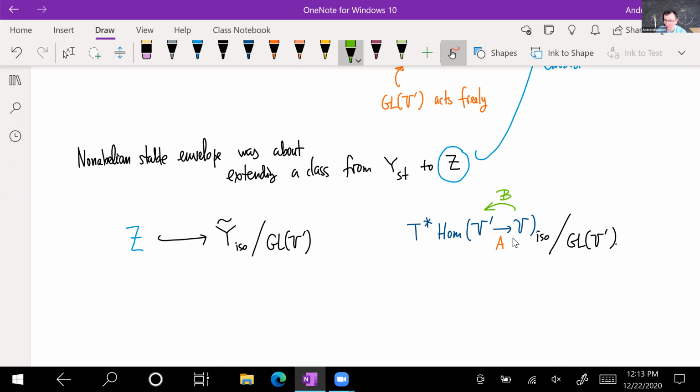If this map is an isomorphism, it's already a free action, and so the only coordinate on this quotient is precisely AB, which is in Hom from V to V. So that's exactly the coordinate.